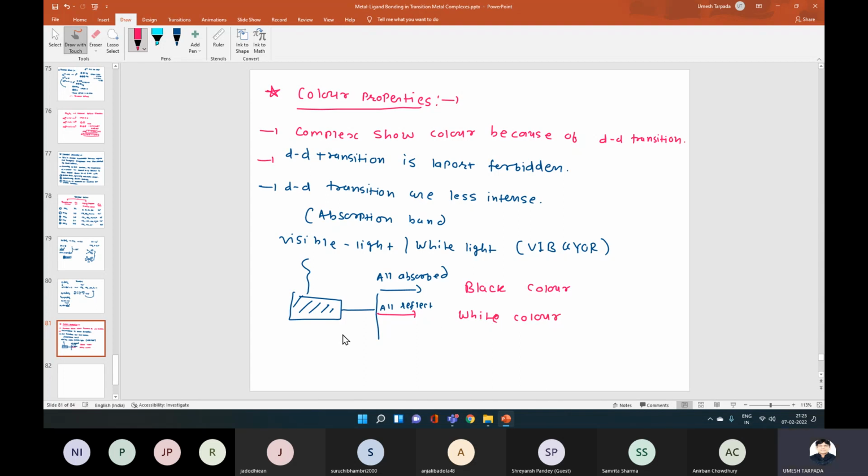And if some is absorbed and some is reflected, then what happens? You can have a complementary color. Some color is absorbed and some color is reflected, then you can have a complementary color.